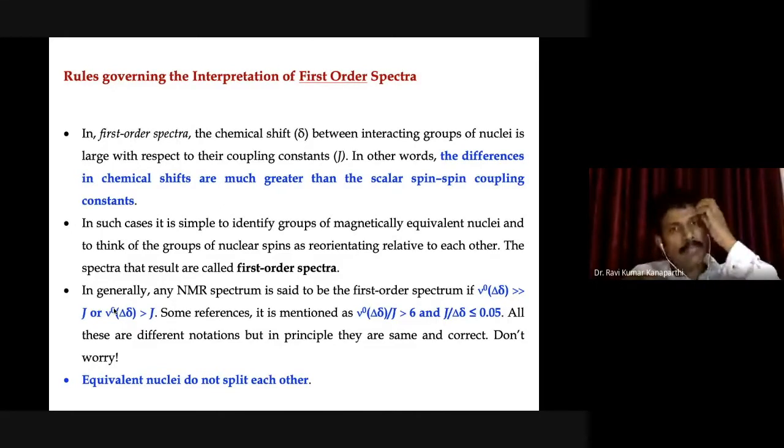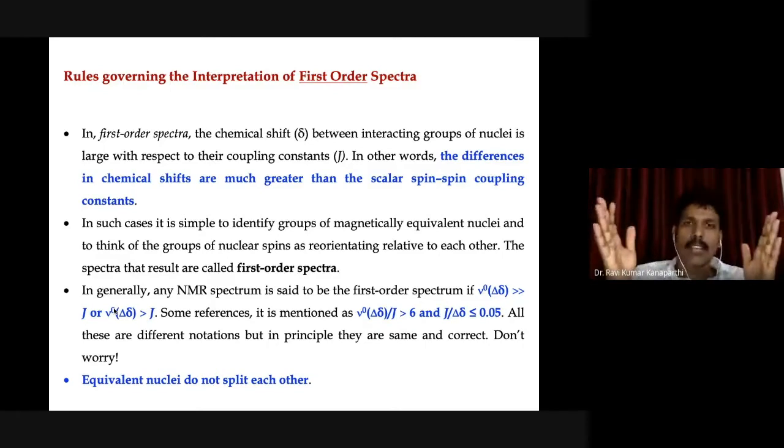If you want to call an NMR spectrum a first order spectrum, then take any two interacting nuclei in the system, and if the chemical shift values are far apart, and their coupling constant is far smaller than the chemical shift difference, then we say it is the first order spectrum.